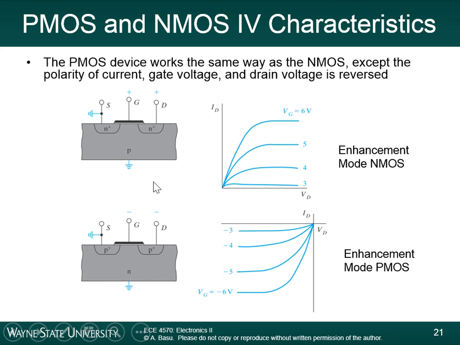This is what the structure of an NMOS device looks like. This is the one we've been looking at over the last few slides. The source and the drain regions are both N+. The substrate is P-type. And when the device is on, you form an N-type channel between the source and the drain. To form that channel region, you have to apply a positive gate voltage. And this is what the IV characteristic looks like for an enhancement mode NMOS device.